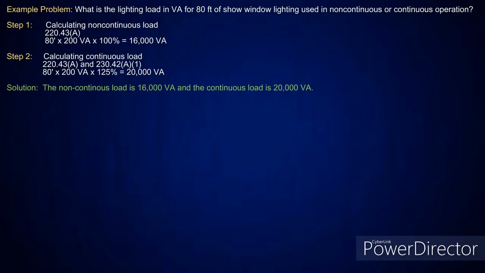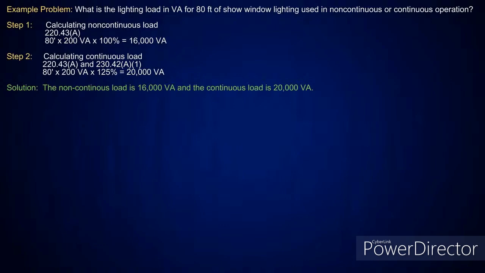Well, it just told me there, for each one of those linear feet, I have to take it at 200 VA. So if I've got 80 foot, we'll do it for continuous and non-continuous. So just take the 80 foot times 200 VA, gives me 16,000 VA. Now, if it's continuous, just take that 16,000 VA at 125%, and that gives you 20,000 VA.